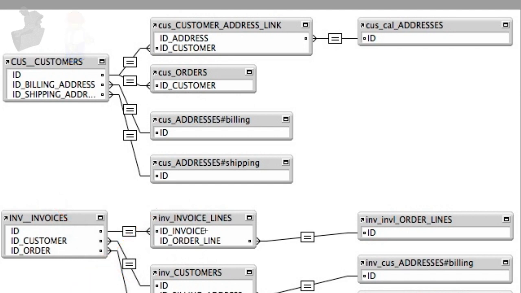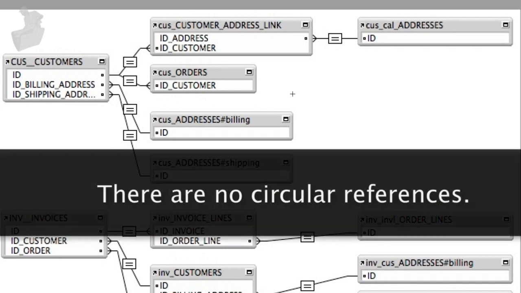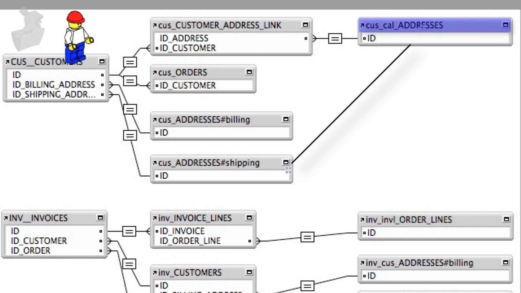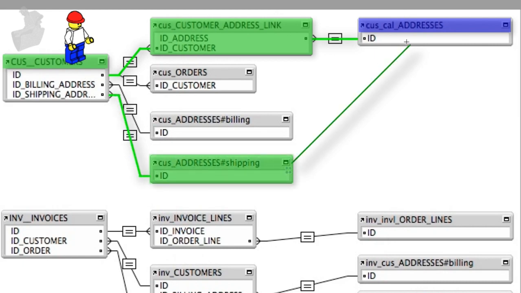Another important point to note is that there are no circular references. What do I mean by circular reference? Well, if I try to draw a relationship between here and here, FileMaker won't let me. Why won't it? Well, if I was standing here once again, and I was looking at this data right here, I would have the choice of getting the data through this series of relationships in this direction, or I'd have the choice of looking down this way and jumping through these relationships in this direction.